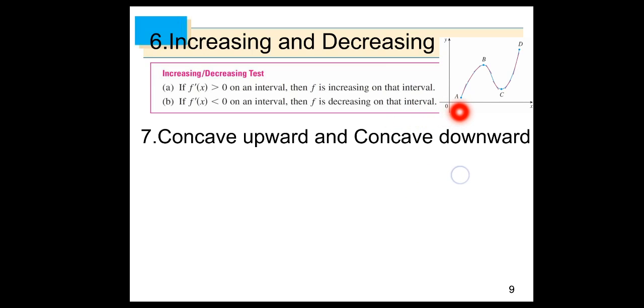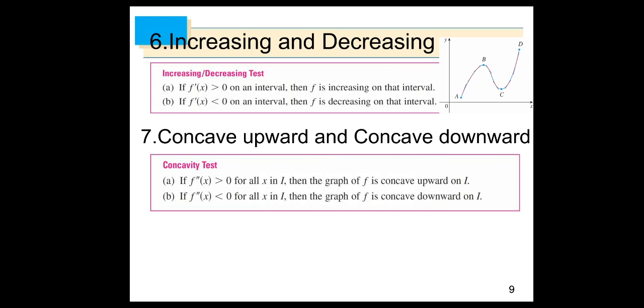Now we can see that from a to b it is increasing, because it's greater than 0. Then here it is falling down and decreasing. Then again from c to d, it is increasing, right? So that is the concept of the increasing and decreasing test.